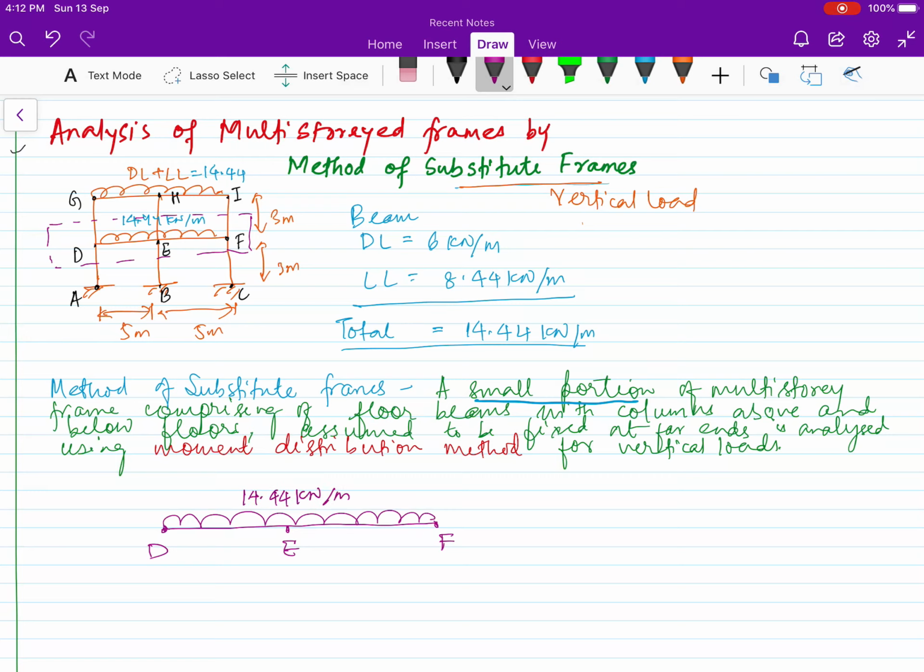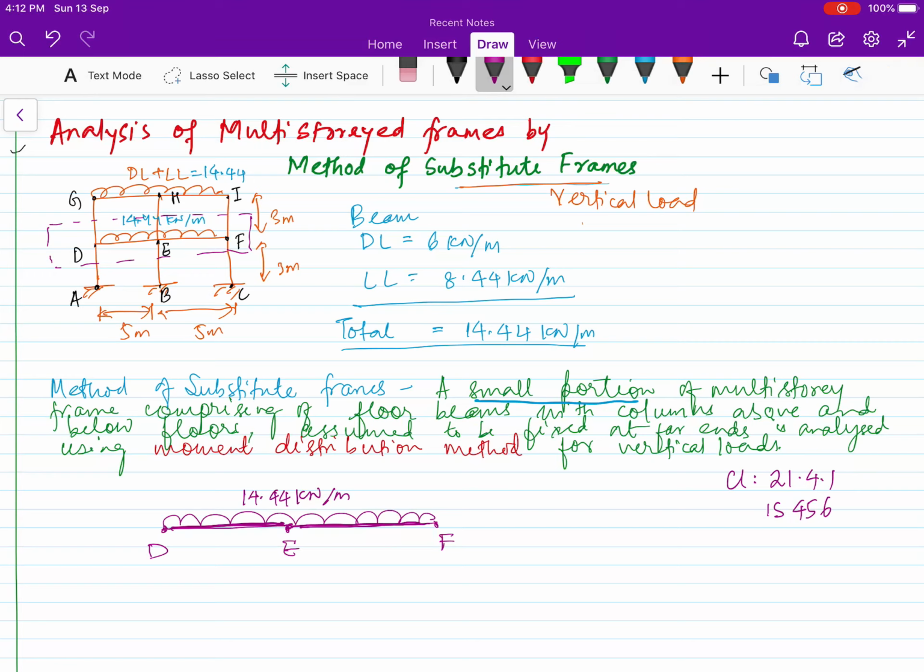This method is mentioned in clause 21.4.1 of IS 456, that we can approximately analyze this multi-story building. When you are analyzing the structure using this, there are many combinations. That means dead load plus live load in one span, and the other span should be empty.